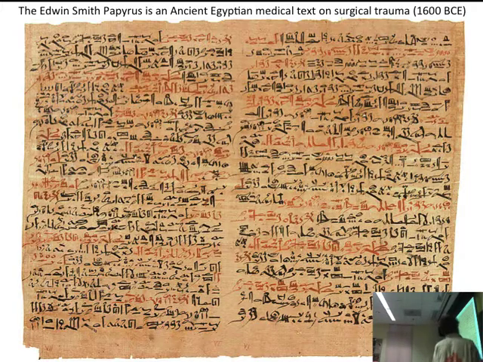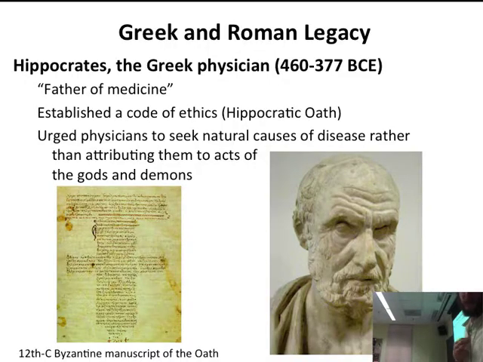And some of the procedures that were described, certainly not all, but some, are, in rough terms, still practiced today for trauma to the body. So even this long ago, there was some fairly sophisticated understanding of the human body and disease.